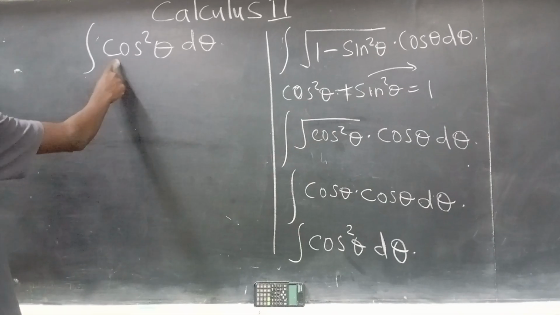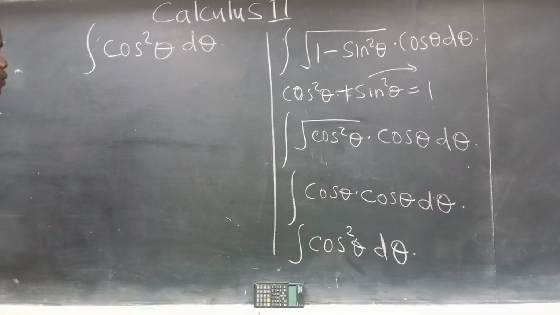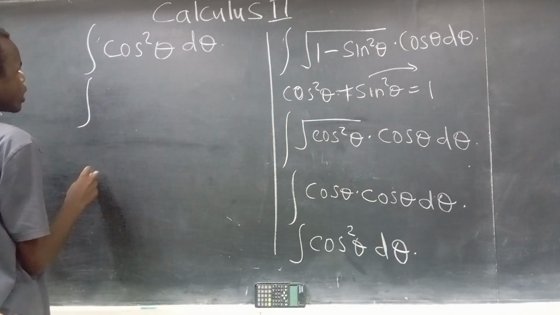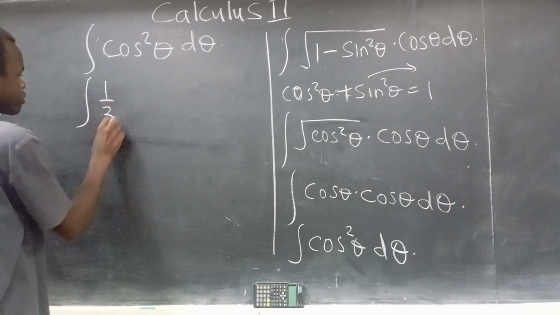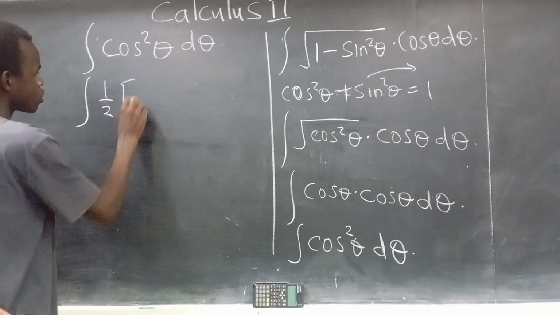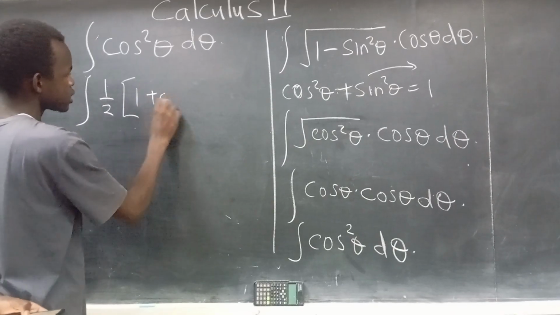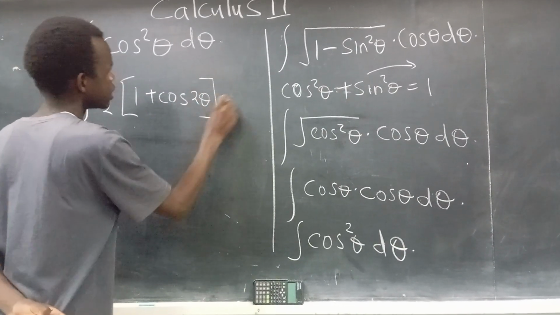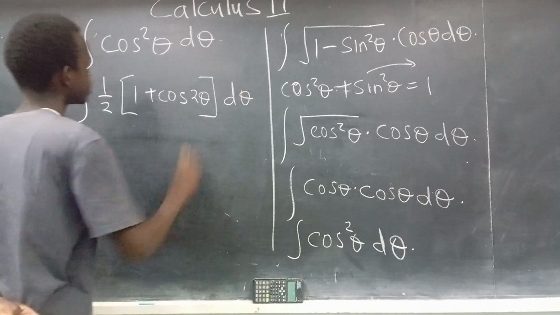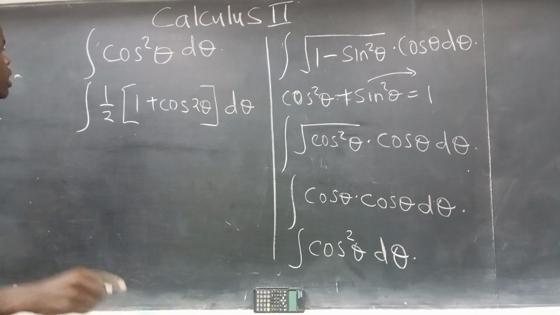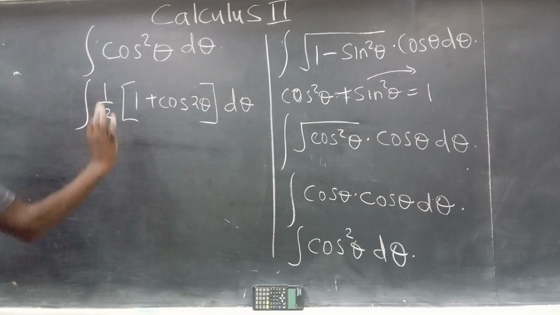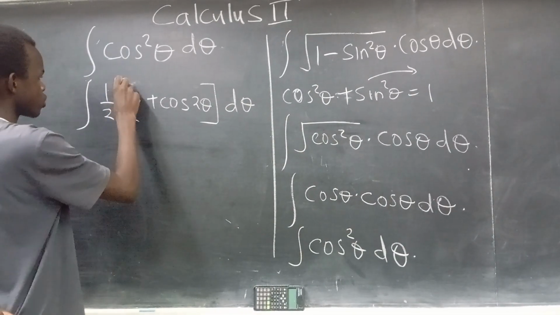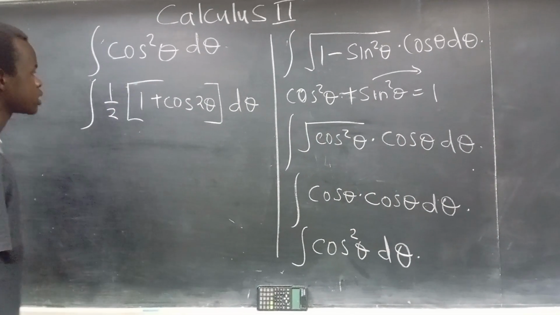The power reducing formula for cos squared is a half into 1 plus cos of 2 theta, d theta. Check out my video on trigonometric integrals, you'll be able to compute this.